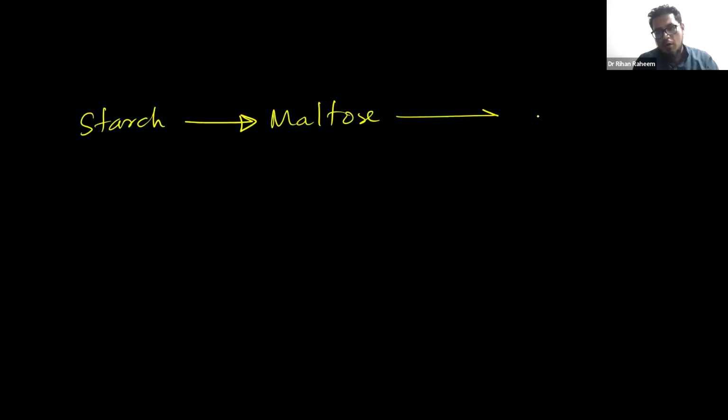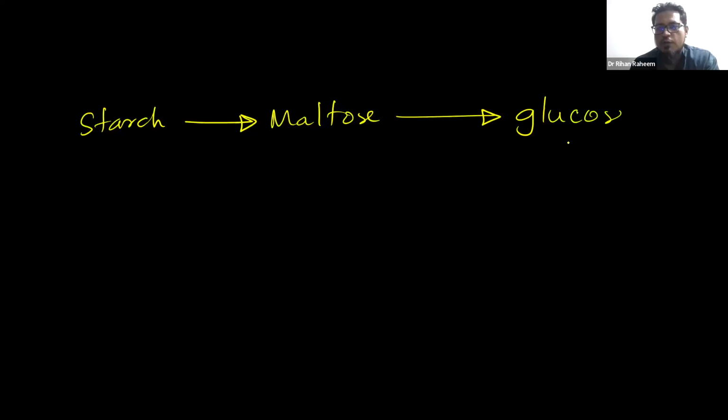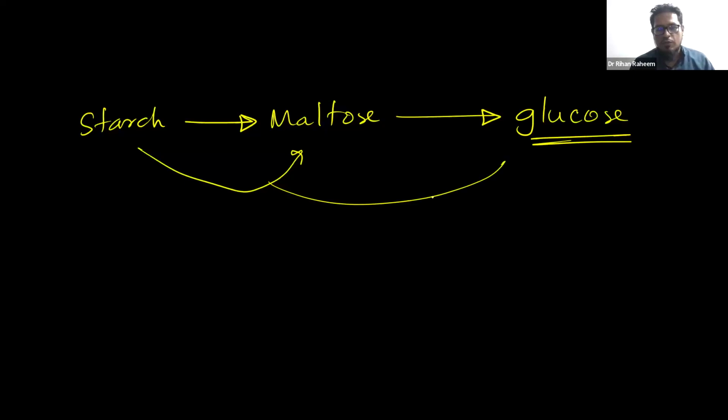If you break down maltose, what will we get? Earlier we studied maltose is made out of two things. Who are they? Glucose and glucose. So if you break down maltose, we will get glucose. So how to get glucose? By breaking down starch into maltose, maltose into glucose.